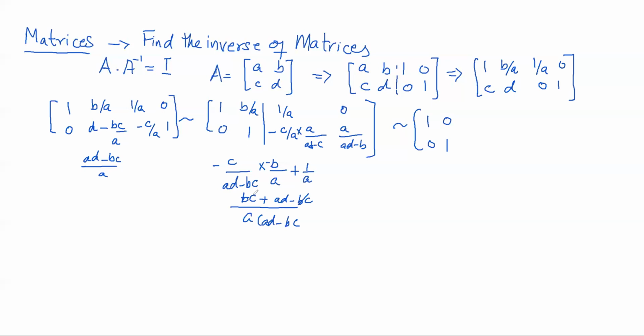BC cancels with BC, so it remains AD over A, so it will be AD over AD minus BC. Okay, so what will be this value?